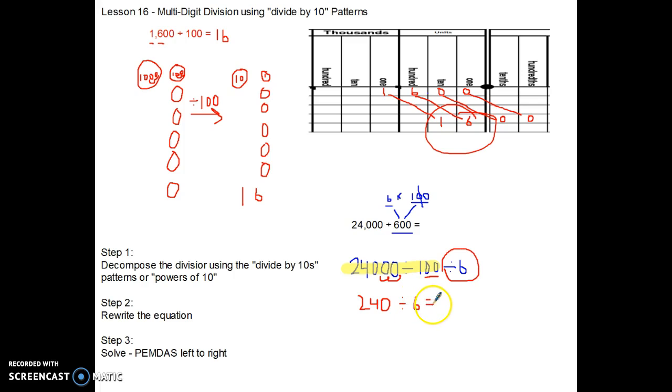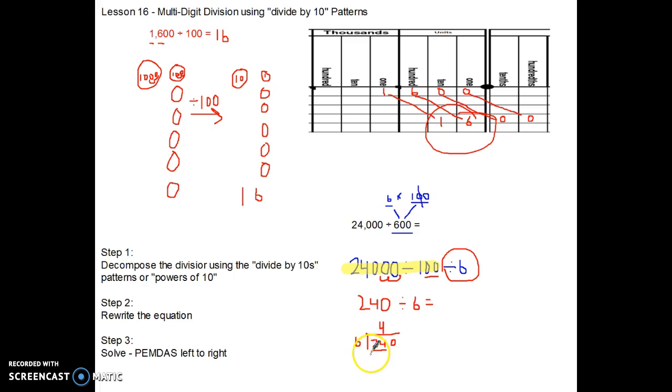And for me, horizontal division is hard to visualize, so I like to rewrite it using this just so it's easier for me to see. So it would be 240 divided by 6. So I'd ask myself, how many times does 6 go into 24 first? And that answer is 4. So I put that up here.